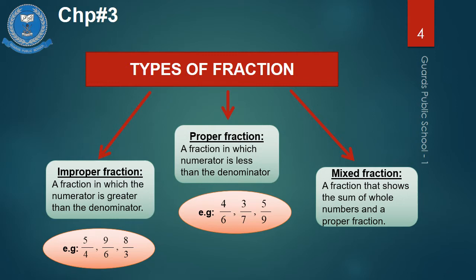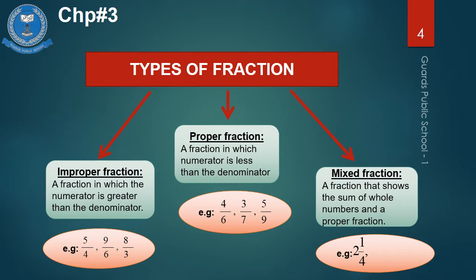So come on the third one, that is mixed fraction. A fraction that shows the sum of whole number and a proper fraction. You can see the example here. You can see a whole number 2 and beside it there is a proper fraction.